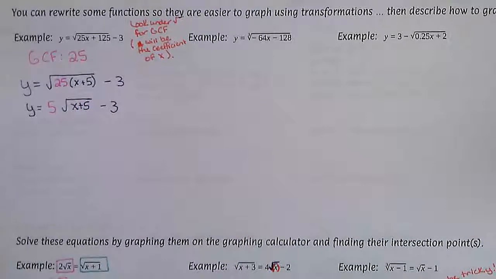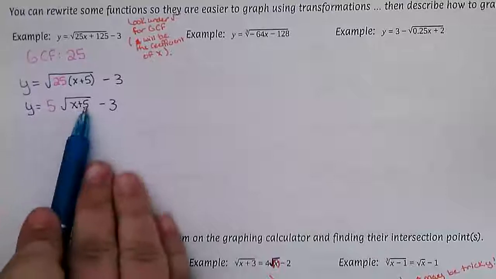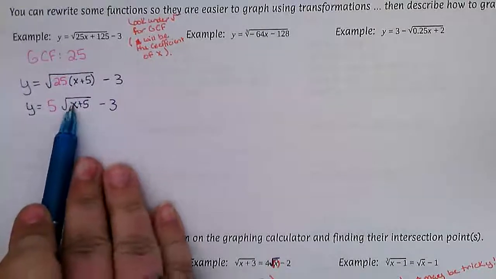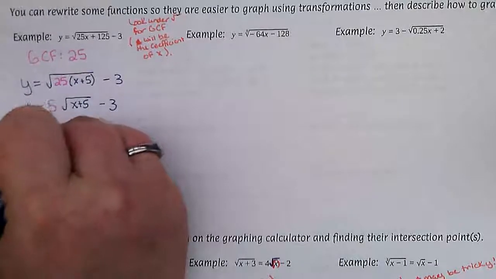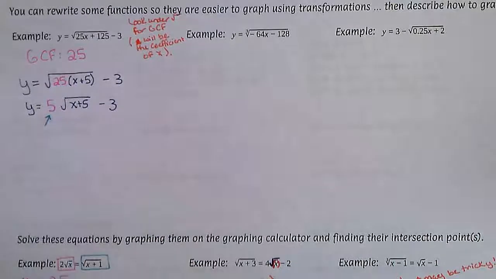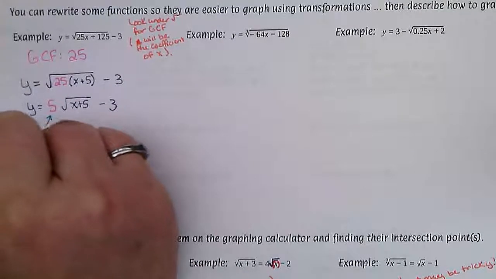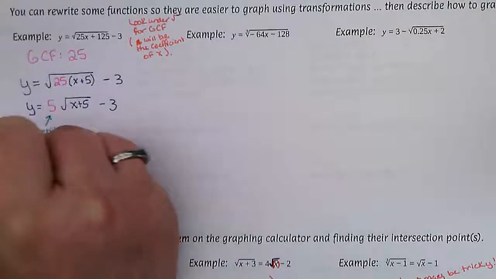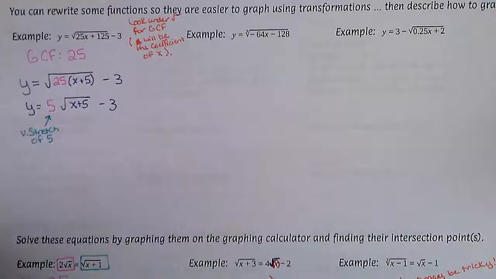Next, I am going to look and see if I have any transformations. Now that it's set up with just things under the radical, no more coefficient, I'm going to look for my transformations. Remember, out in front is a vertical stretch or compression. Is 5 a stretch or compression? It is a stretch because it's bigger than 1. So I have a vertical stretch of 5.